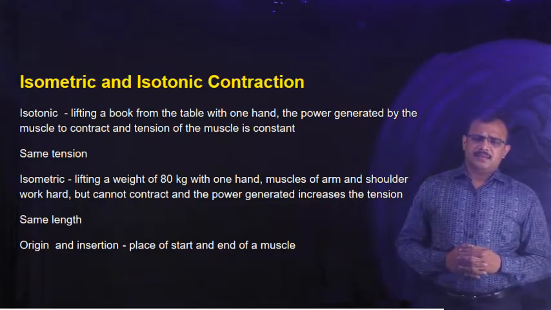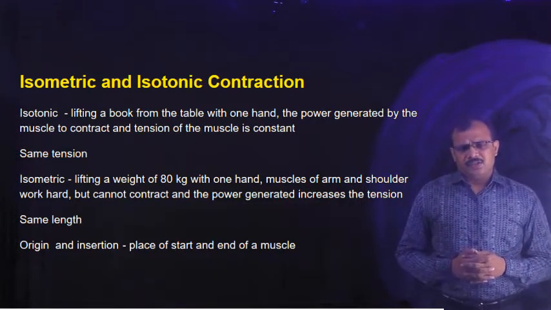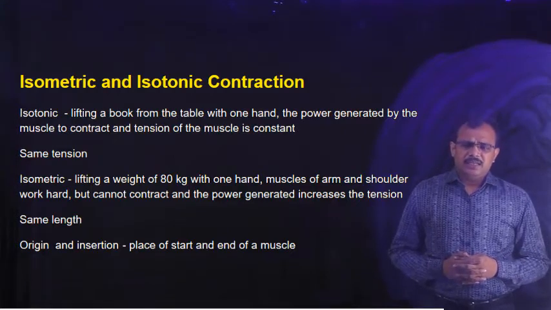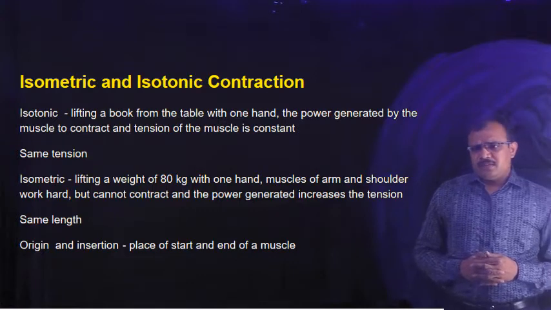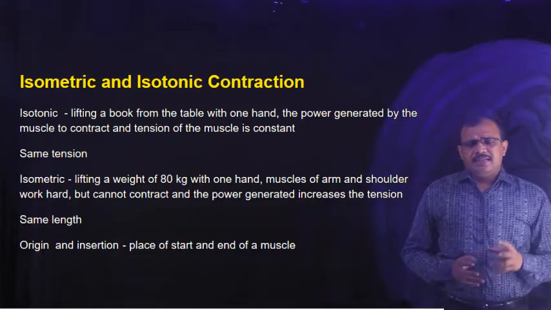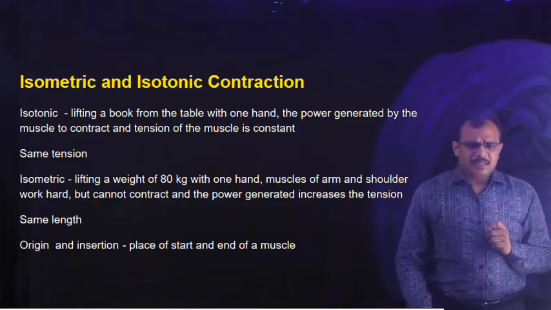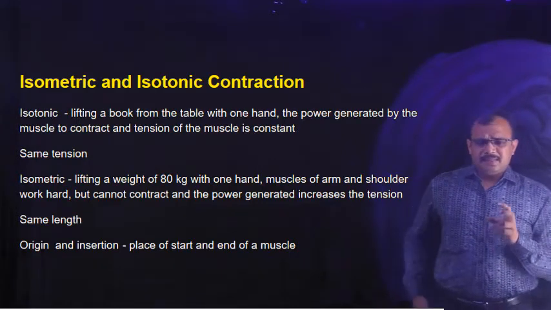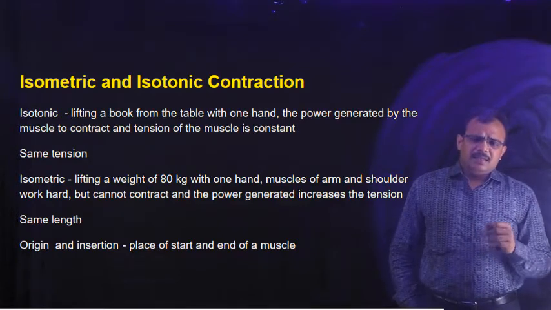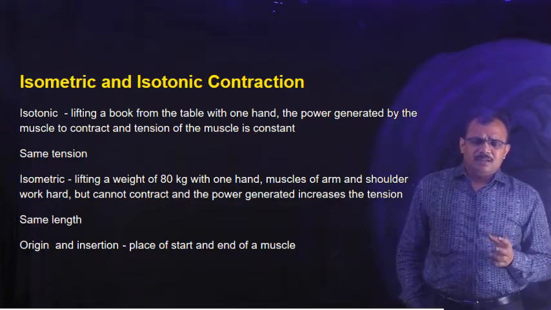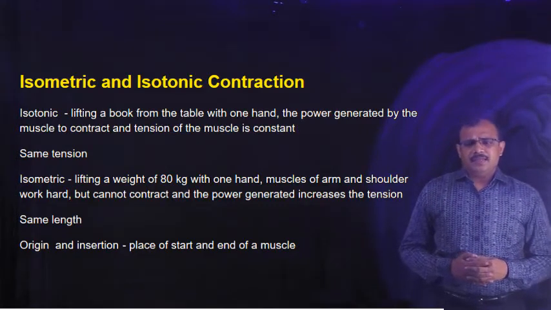This contraction can be explained as either isometric contraction or isotonic contraction. Isotonic contraction means the tension generated within the muscle is the same, whereas in isometric contraction the length of the muscle remains fixed.